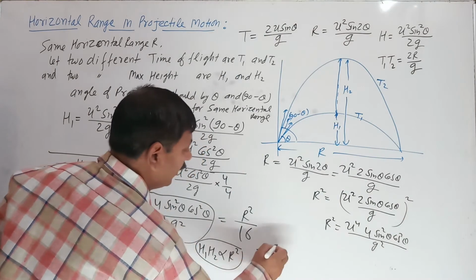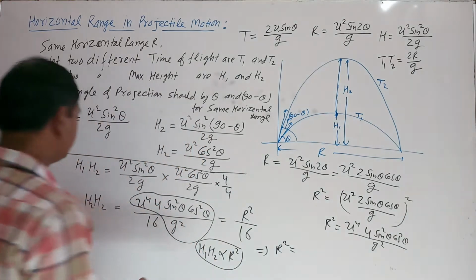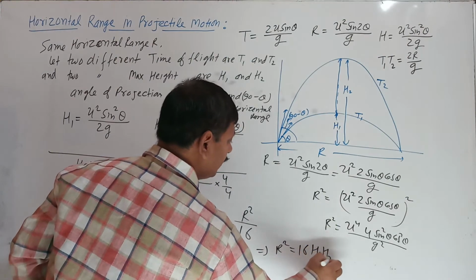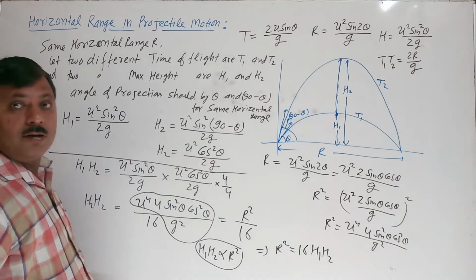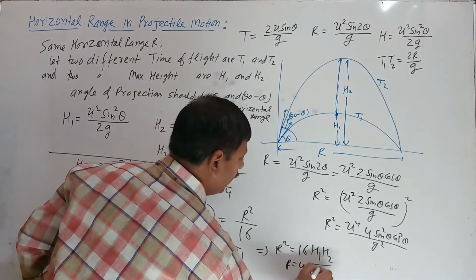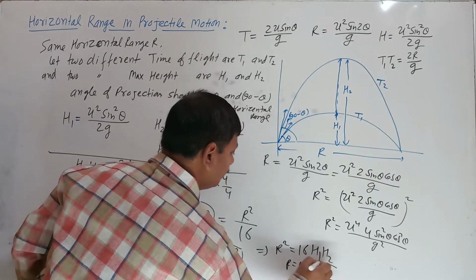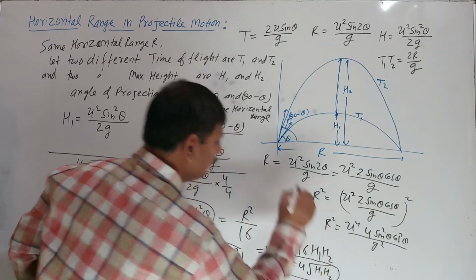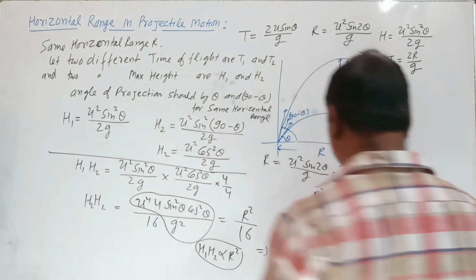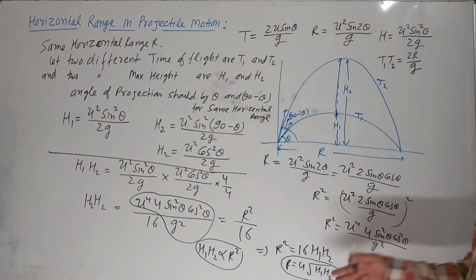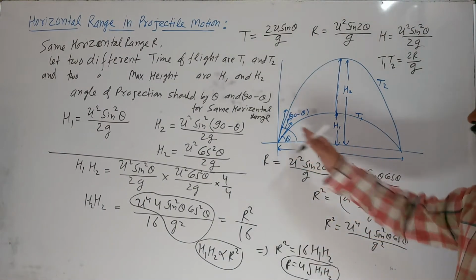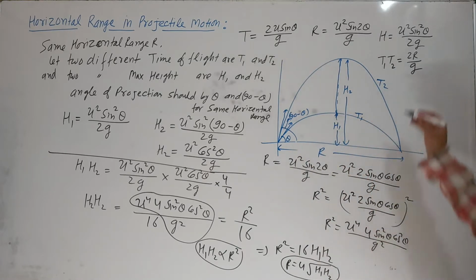Also you can say R square is equal to 16 H1 H2, or R is equal to 4 under root H1 H2. So this is the relation. Here I have found the relation between maximum heights for the same range at different angles of projection.